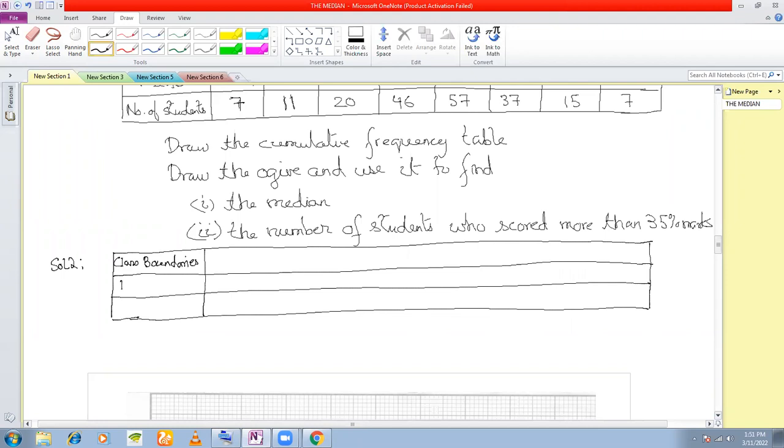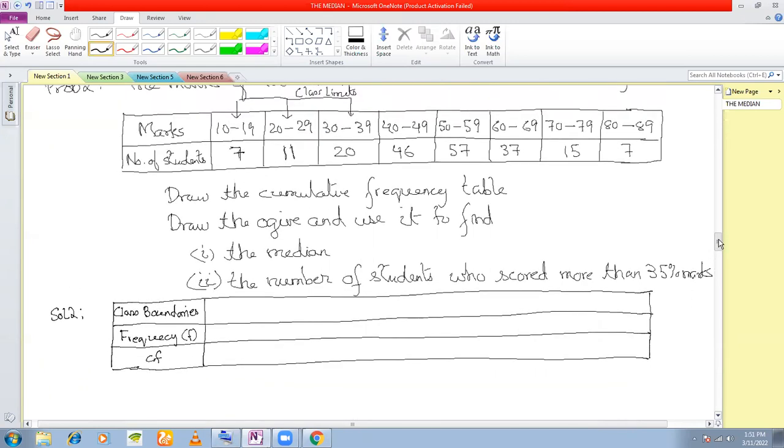The second will be for frequency. And the third will be for cumulative frequency, right? Now we consider the class limits, and we first write down the class boundaries. So how many you have here? There are 8.